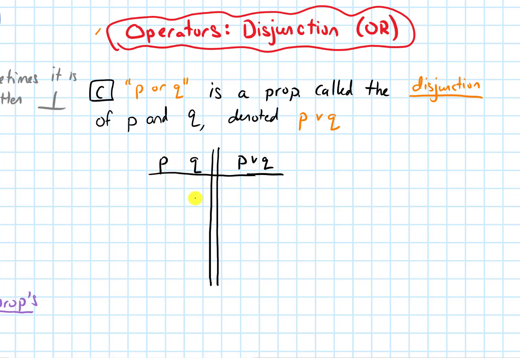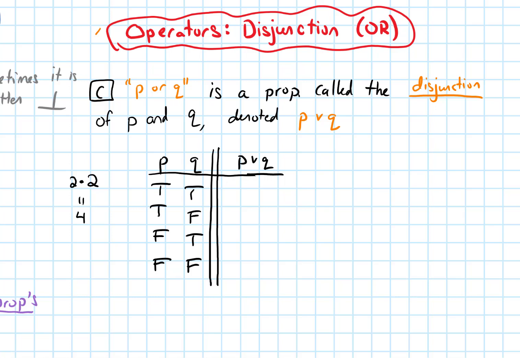After I write down all the different truth values for P as well as Q, for Q, I'm going to alternate true, false, true, false. I know there's going to be 4 total rows because there are 2 options for the truth values of P, 2 options for the truth values of Q, and those multiply to give me 4. And then for P, I'll do 2 trues, 2 falses. If I had more rows, I would keep alternating 2 trues and 2 falses.